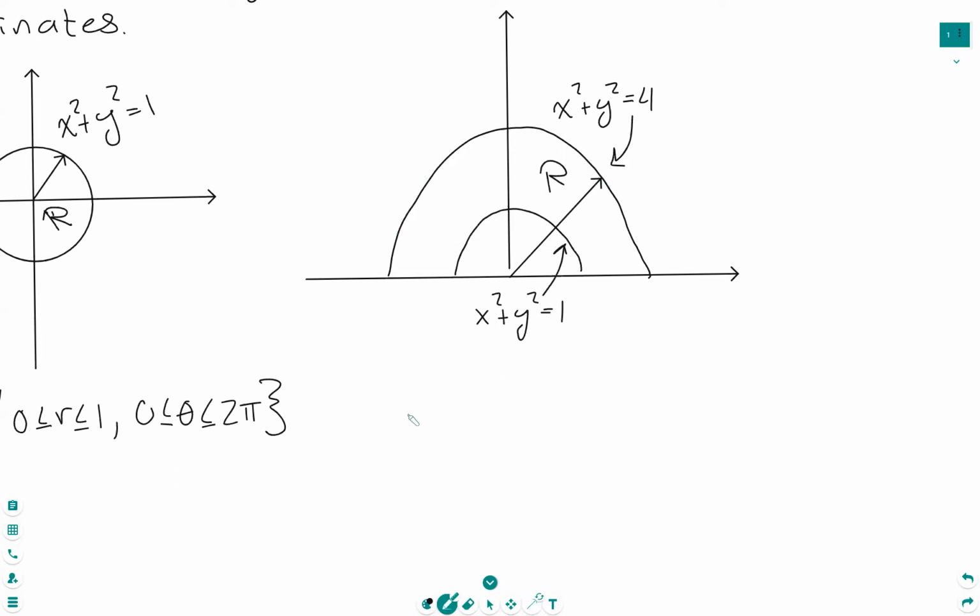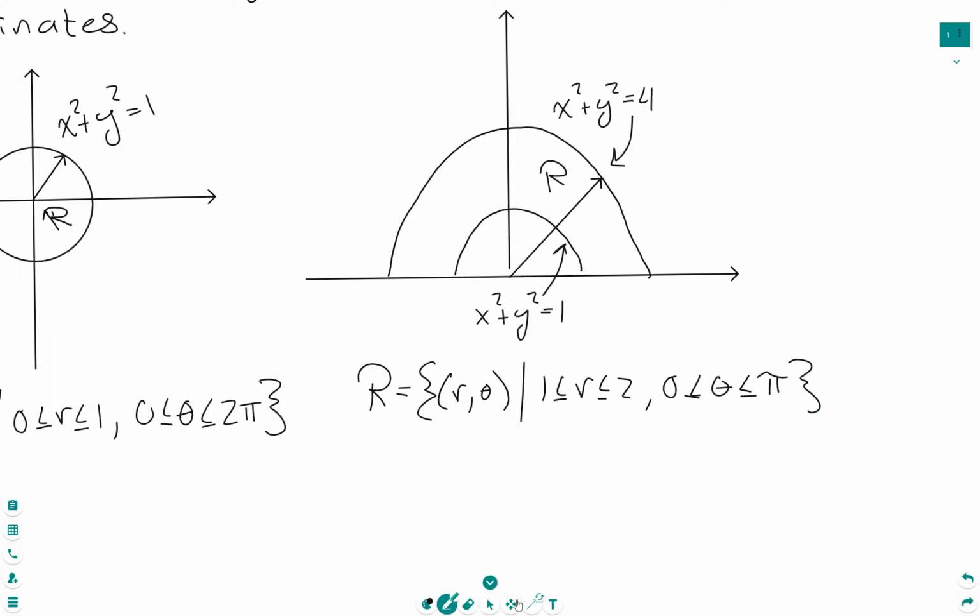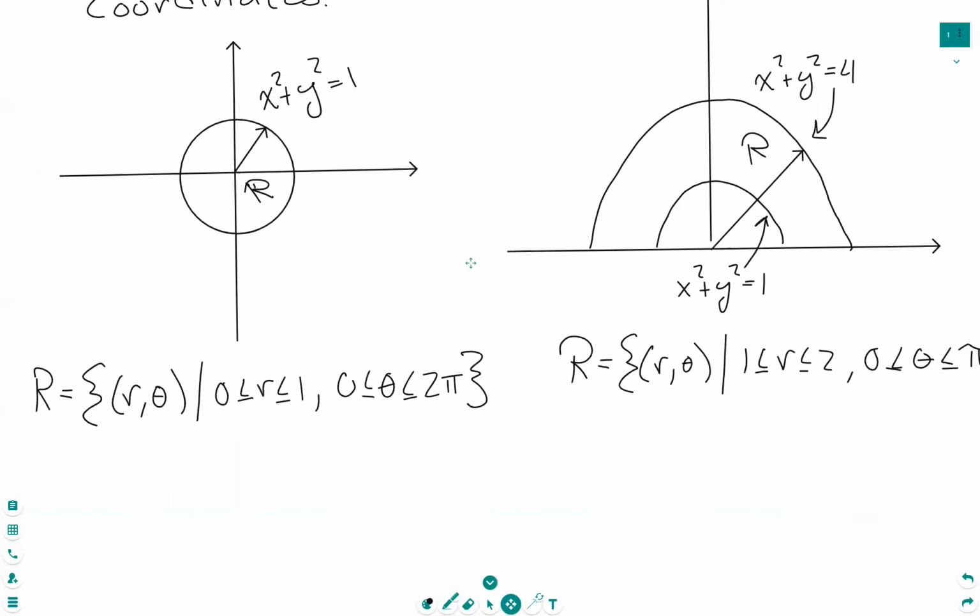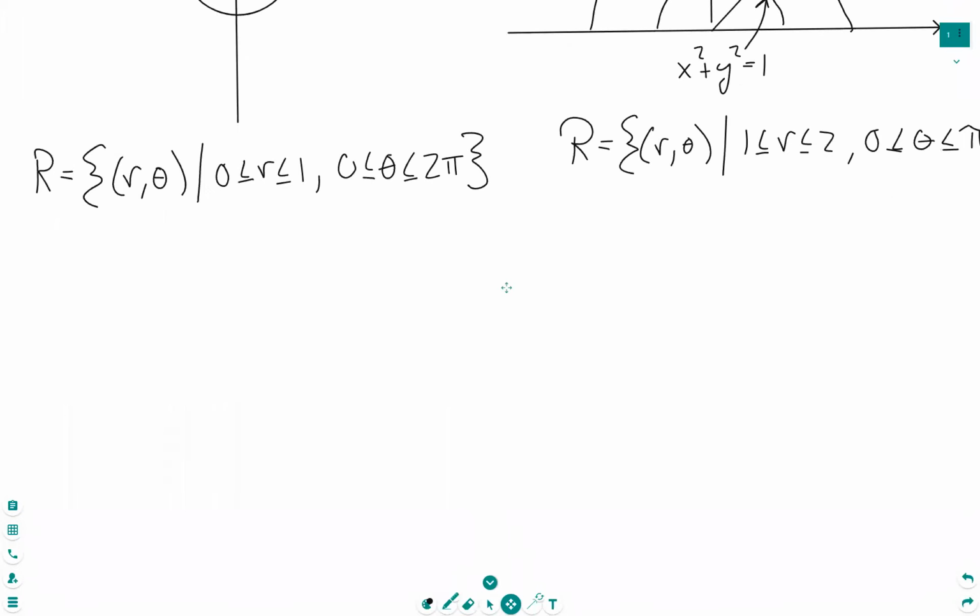So we could say that R is the region of all points r and theta such that the radius goes from 1 to 2 and theta goes from 0 to pi. Okay.